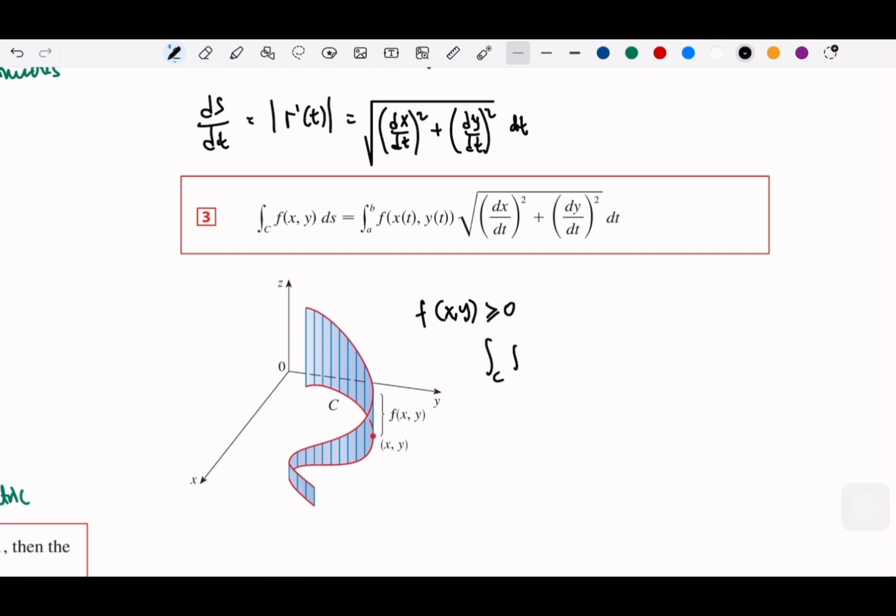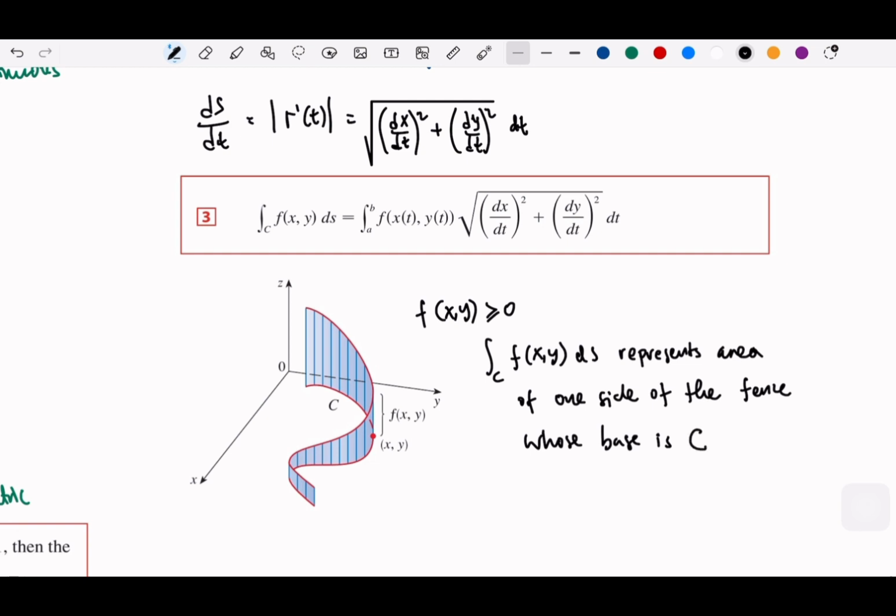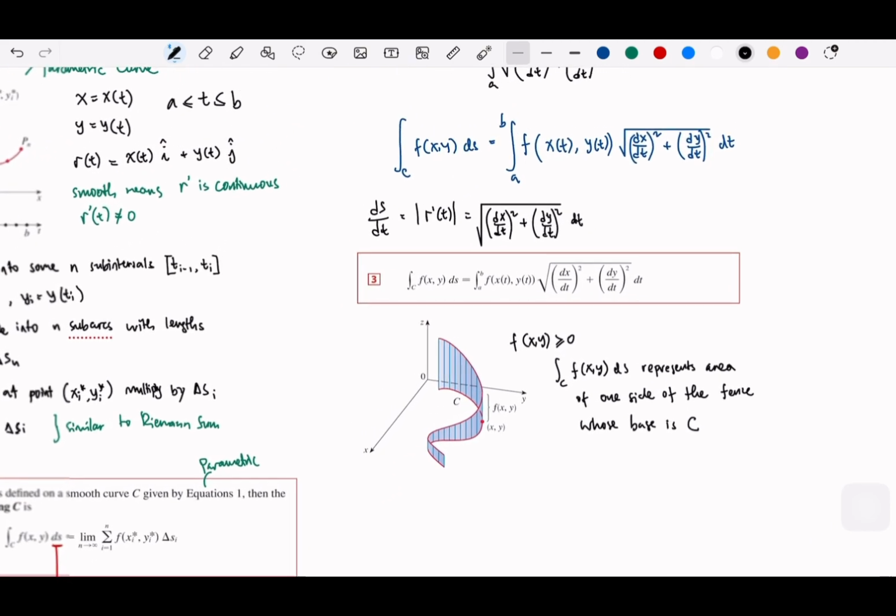So the line integral of f will represent the area of one side of the fence, whose base is the curve. So that's the definition of line integrals.